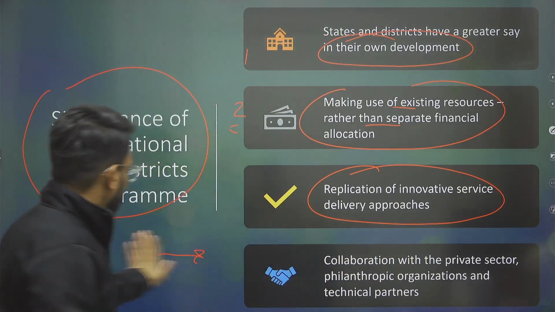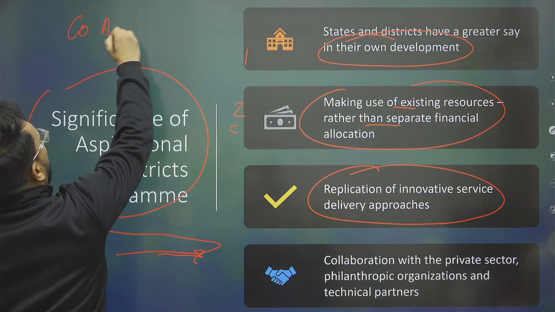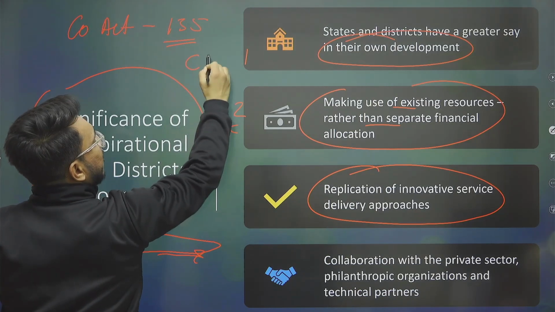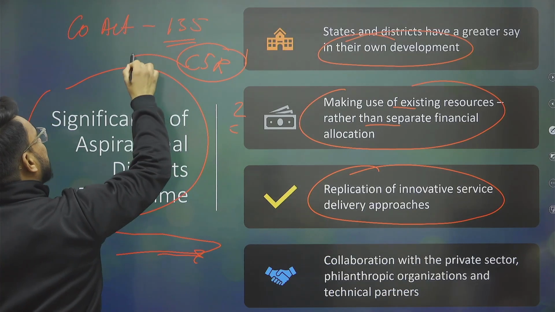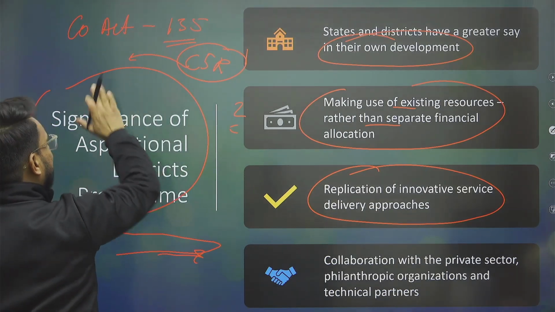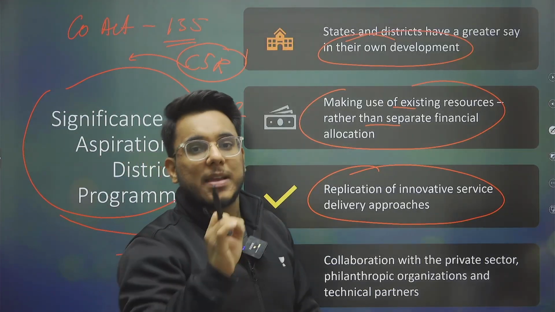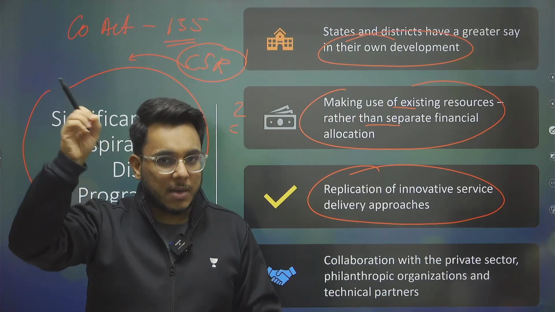If I give you one example, under the Companies Act, there is Section 135. Section 135 provides for CSR, corporate social responsibility. As per CSR, it has been provided that 2% of the average three years' profit has to be given as CSR by a company if it is making a particular profit.